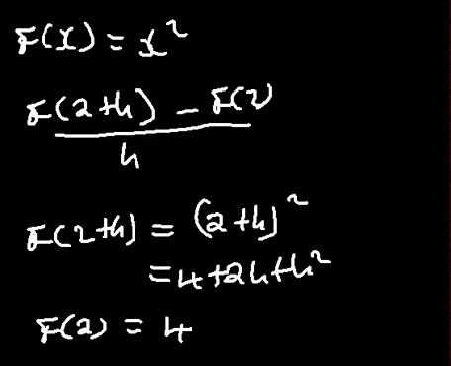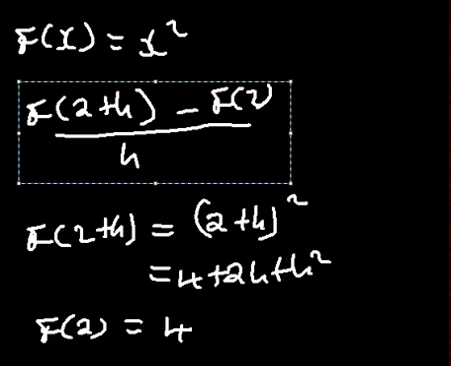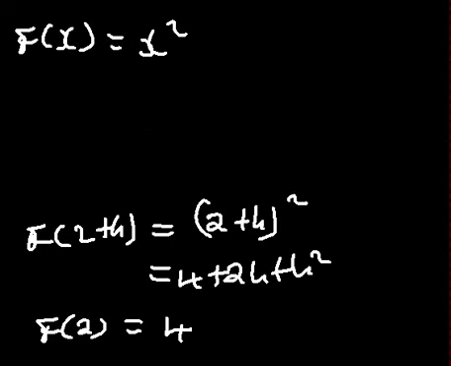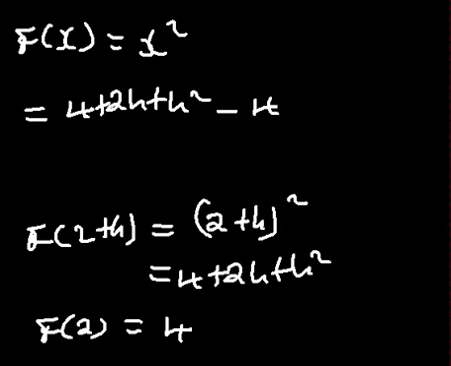Then I'll substitute into the formula, and that will give us 4 plus 2h plus h squared, minus 4, divided by h. And of which this 4 and this 4 cancel.